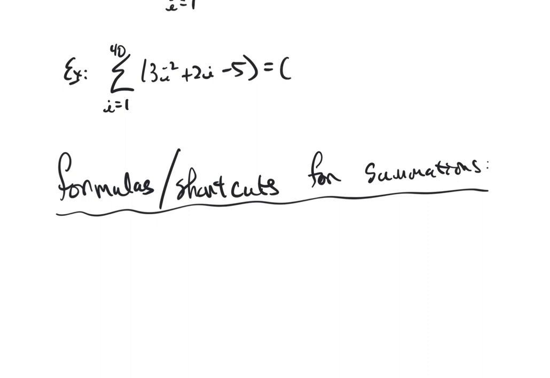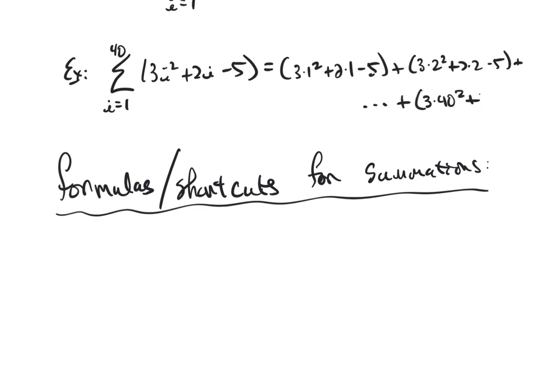Because this is saying everywhere you see an i, put in 1. Okay, no problem. Plus, then everywhere you see an i, put in 2. But then, holy Moses, we'd have to keep going until the last number you put in would be a 40. And you can see that would just be a huge use of time. That'd be a lot of work.